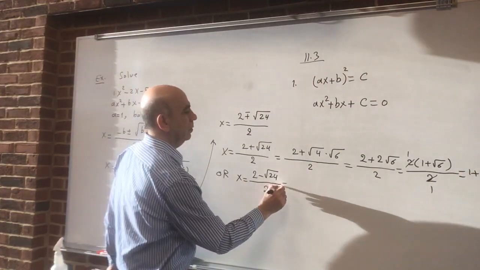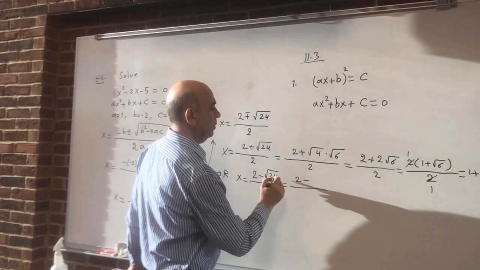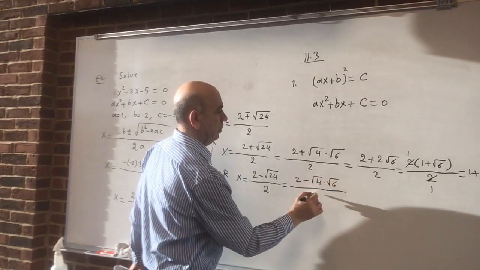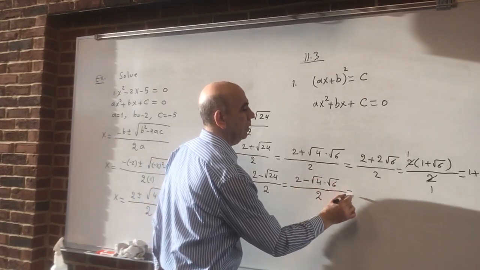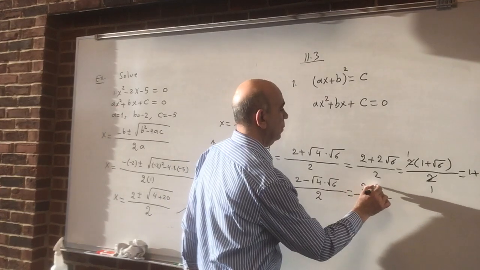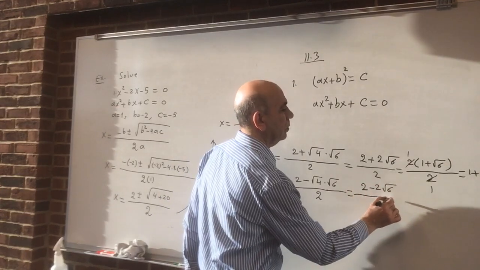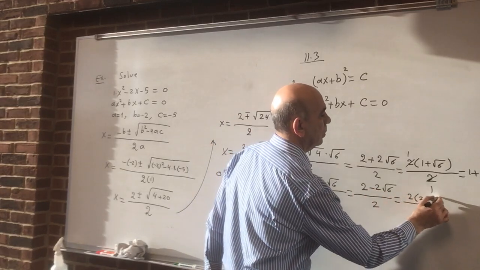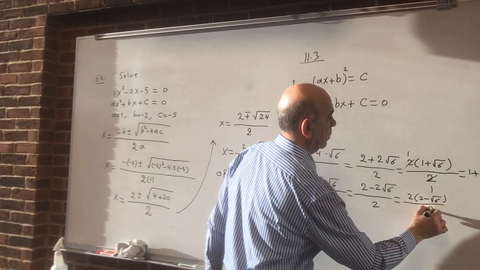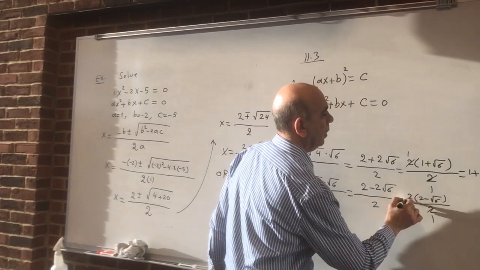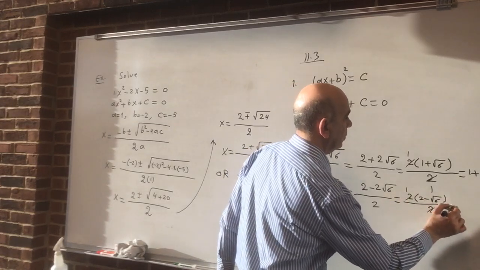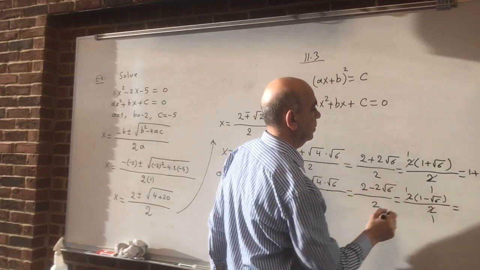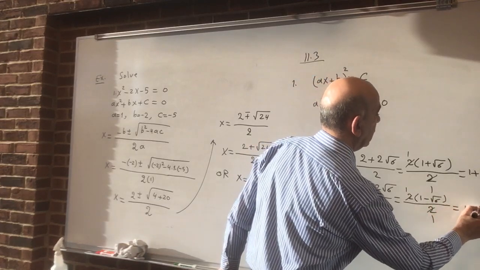Similarly here, 2 minus root 24, 24 is 4 times 6. 4 is a perfect square. So 2 minus 2 root 6 over 2. Factor out 2, so divide out by 2. So the answer is, oh, this is 1, 2 divided by 2 is 1. So the answer is 1 minus root 6.